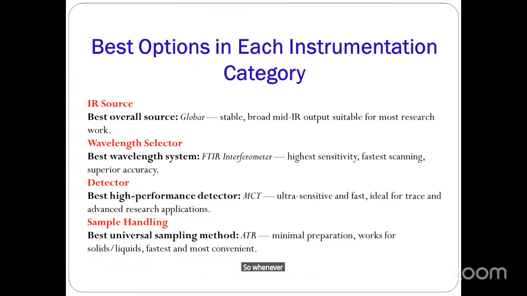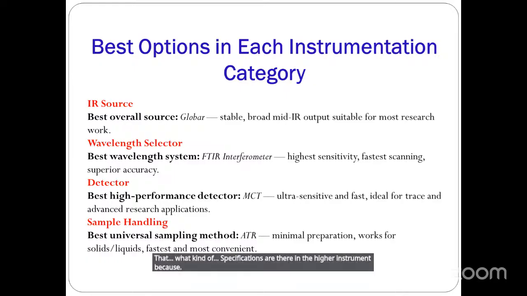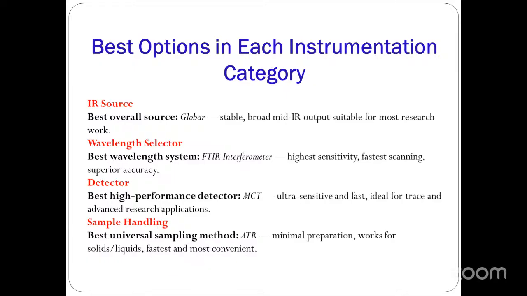So whenever you perform the analysis of your samples, you must ask the analyzer what kind of specifications are there in the IR instrument, because correct specification will give you a good IR spectrum. Whenever performing the IR analysis, the signal to noise ratio is very important, and this can be achieved by the presence of these types of instrumentations.